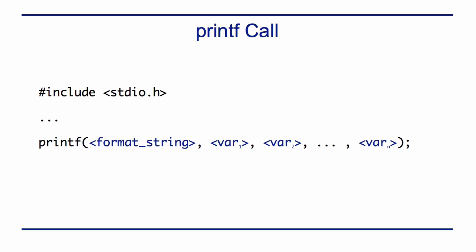The printf function is unusual in that it takes a variable number of parameters. From ANSI C, it has been possible for users to define such functions, but that is an advanced topic. The first parameter is a format string, describing exactly what is to be output and how it is to be formatted.